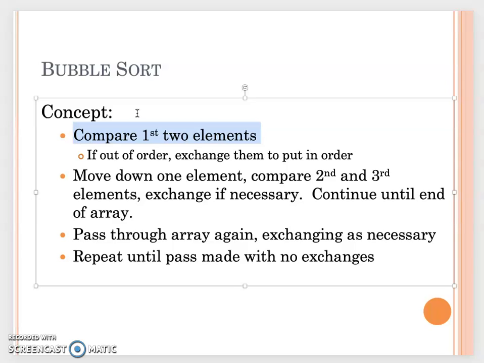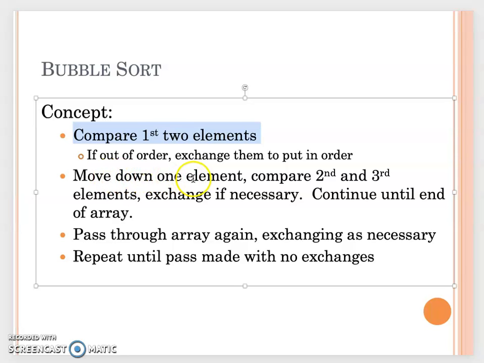Ascending order means low to high. So with the bubble sort, we always compare from the first two elements. We want to see if they are in the right order. If not, we swap.